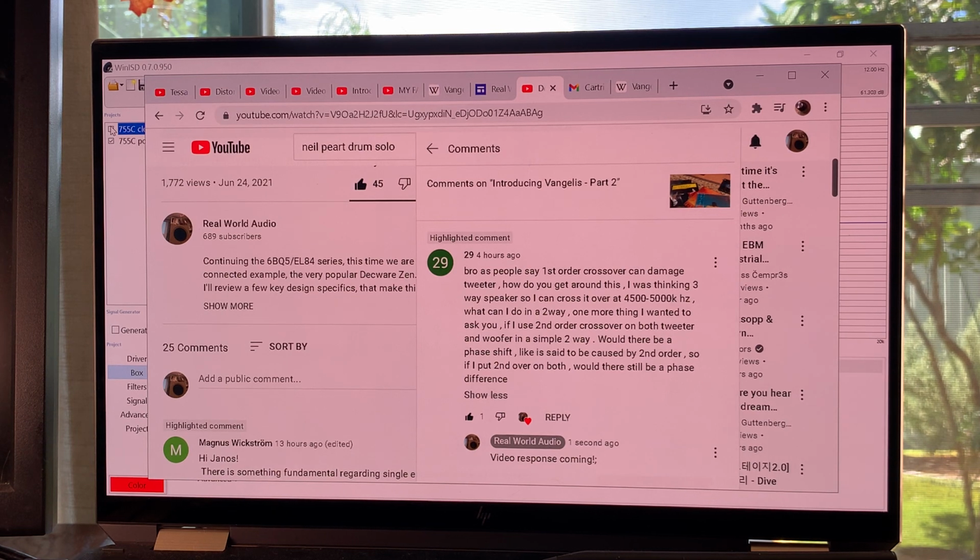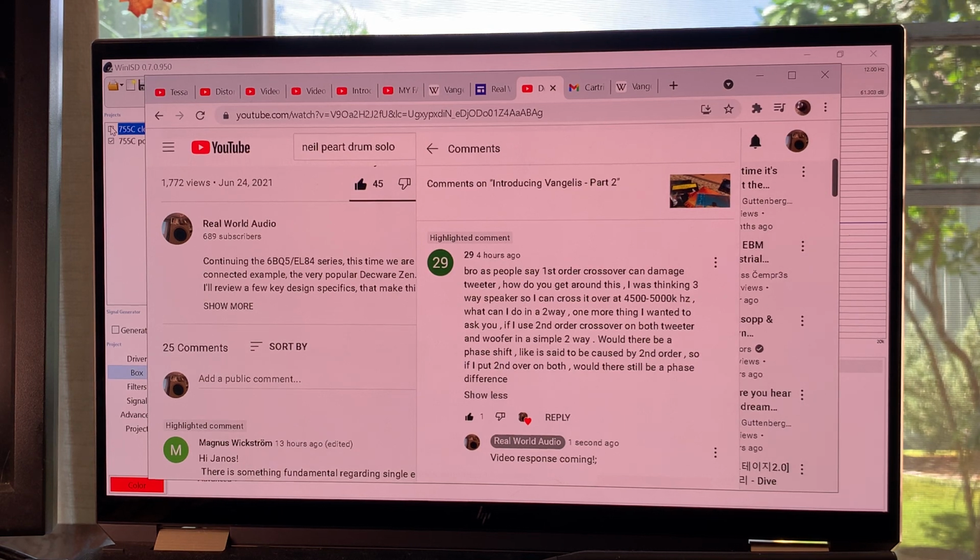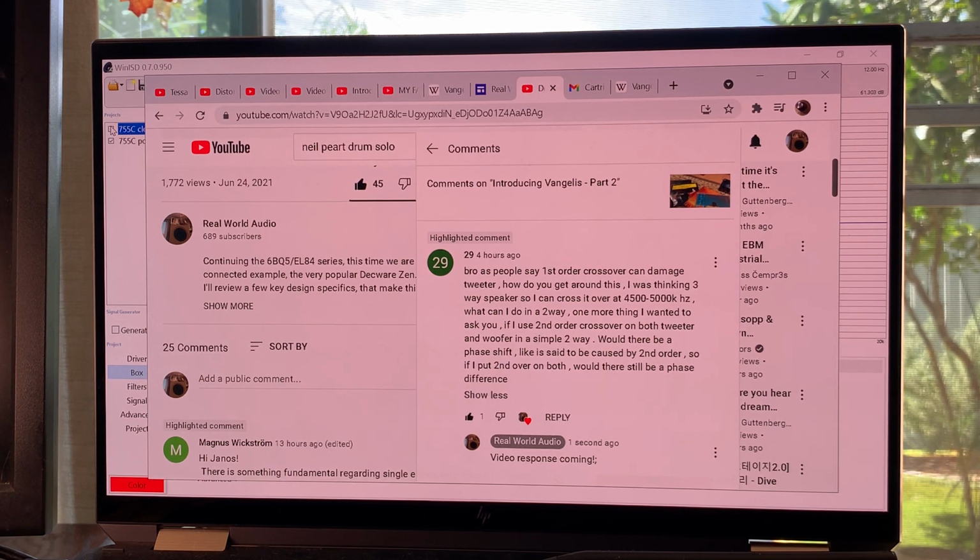For example, if it says 2 kilohertz second order, then if you want to go first order, you have to up it to around 3-4 kilohertz at first order, and then you can treat it at the same wattage as a second order crossed at 2 kilohertz.